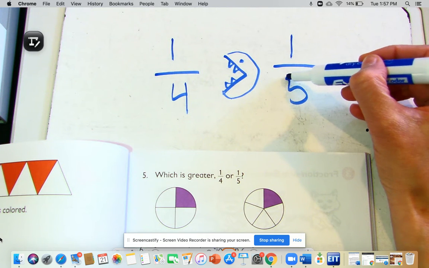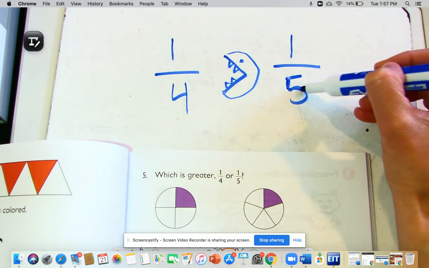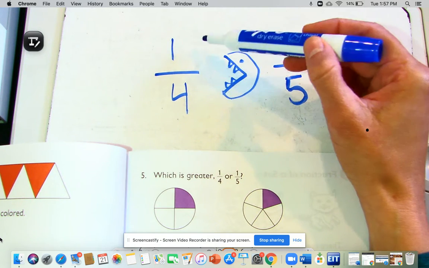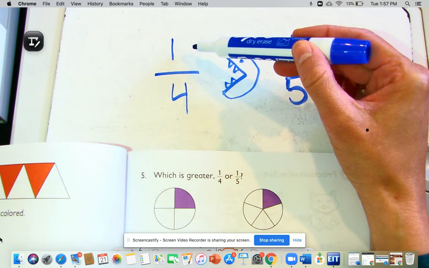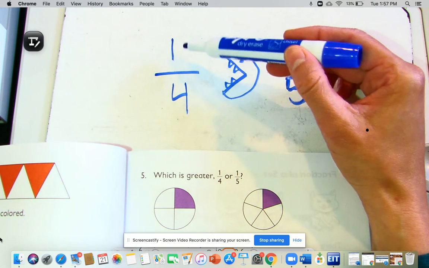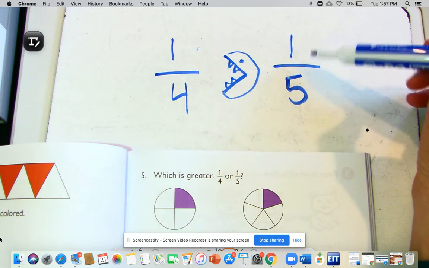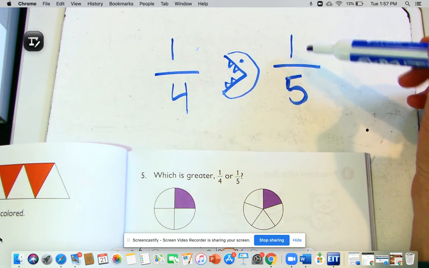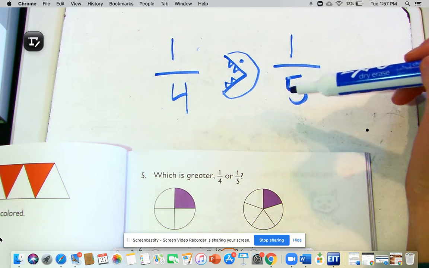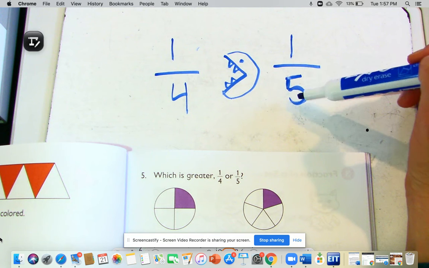Now, one way you might want to remember that is it's sort of the opposite. We learned the other day about what the numbers are called. The number at the top is called the numerator. The number at the bottom is the denominator. So when we have a 1 in the numerator, when we're just talking about one chunk, the denominator that is bigger is actually a smaller fraction.